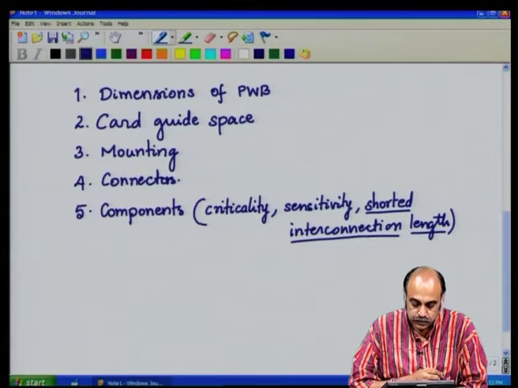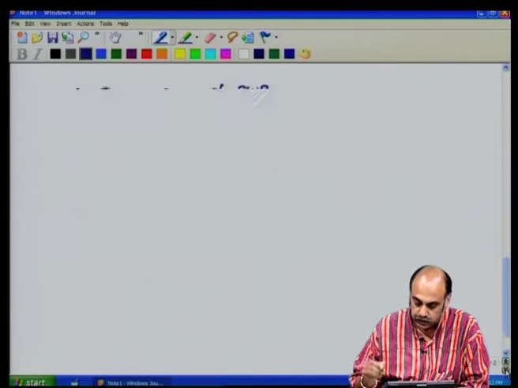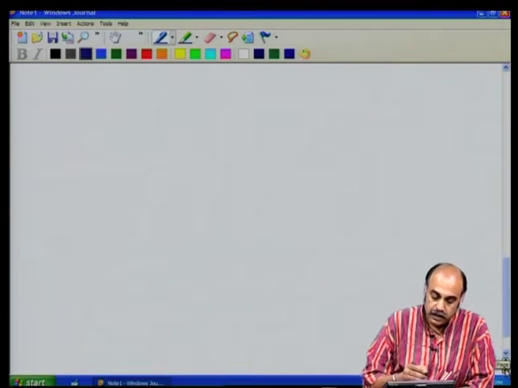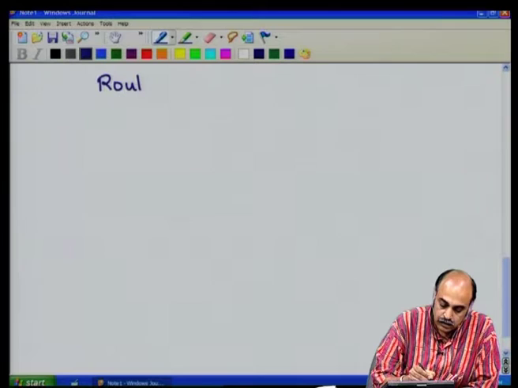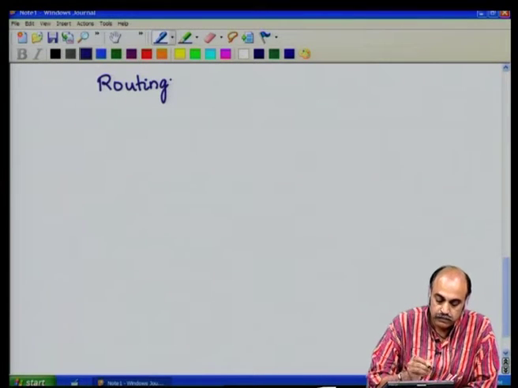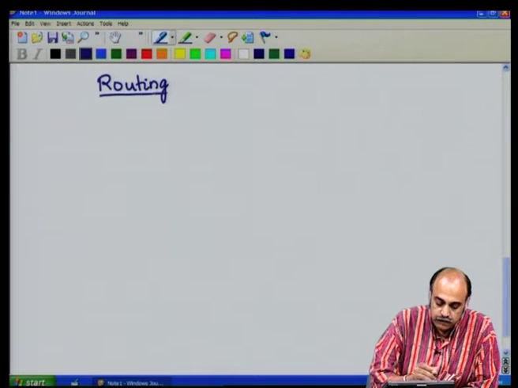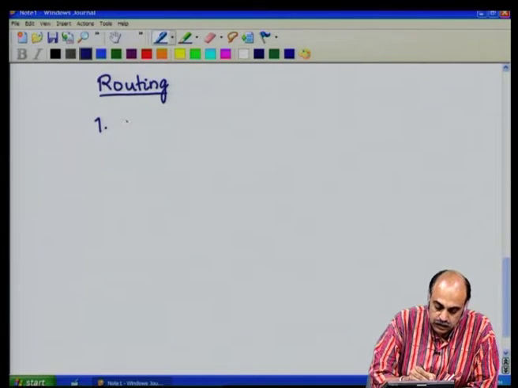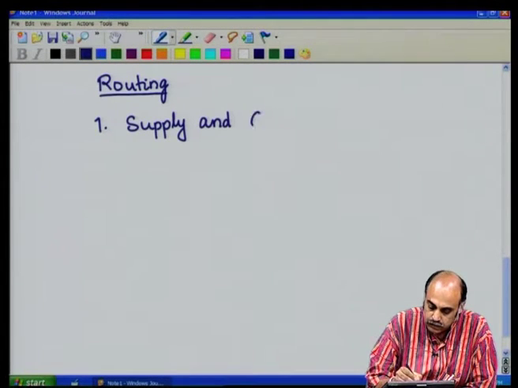And then after you place the components, you go towards routing. Okay. So, when you are routing the tracks, you route first the supply and ground. These are very important.